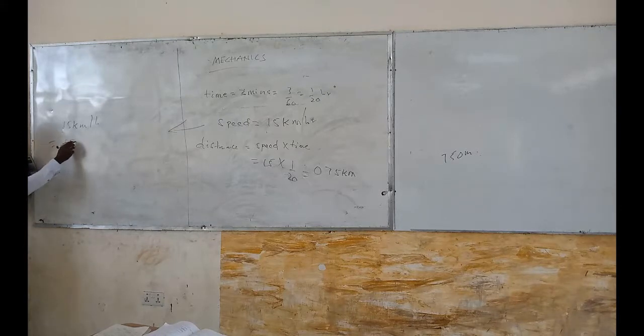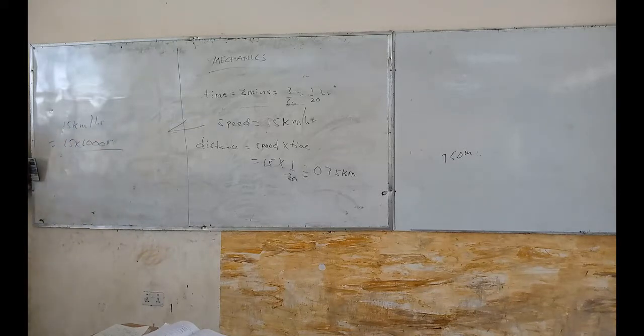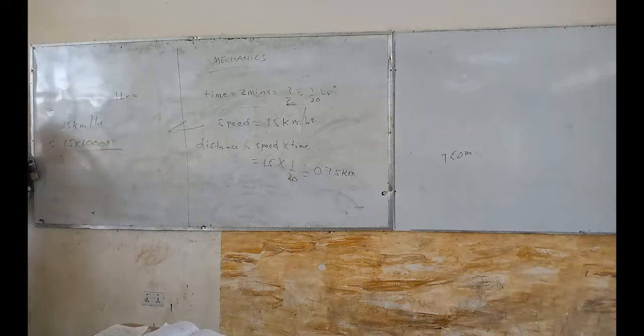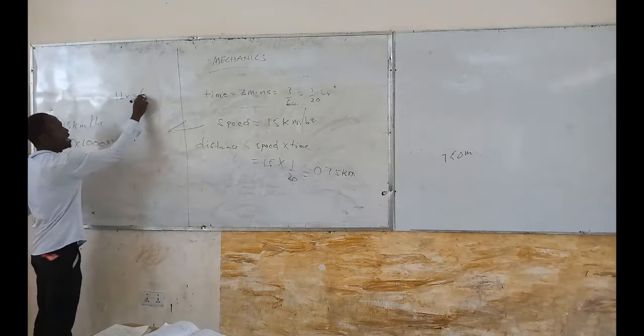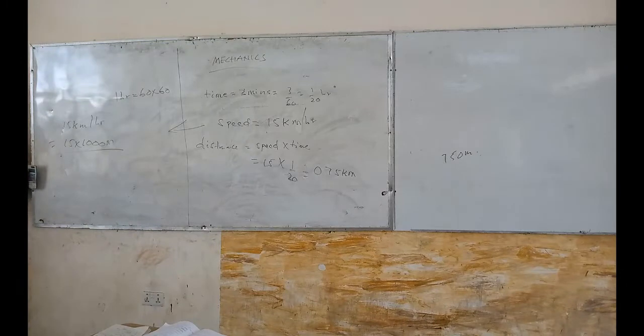So it means it will be 50 times 1,000. And the meter is there already because we want meter per second. And then per hour means that it is out of 1 hour. Are you getting it? And then 1 hour in seconds will give you what? 3,600. That's 60 by 60.